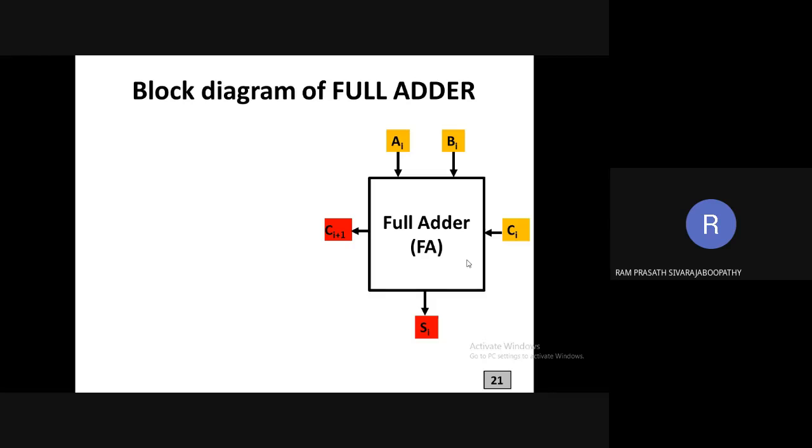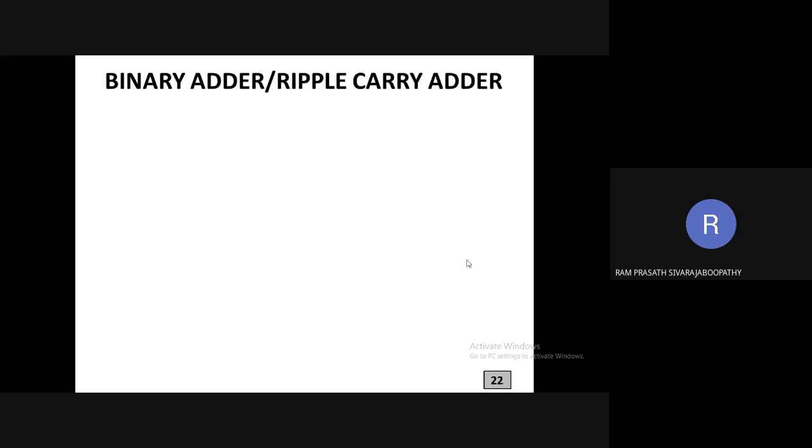Fine. Now we will design the 4-bit binary adder. So far, what did we discuss? How to represent the half adder and full adder as a block diagram. Now we are discussing the design of binary adder or ripple carry adder. So note down this. This is the circuit we are going to design now. In the binary adder or ripple carry adder, what is a binary adder?